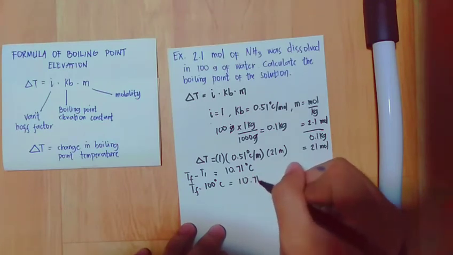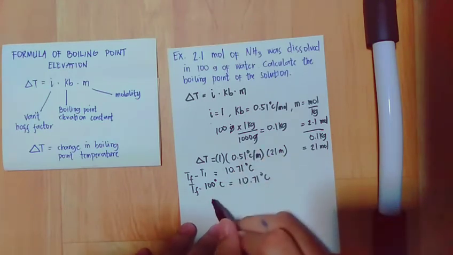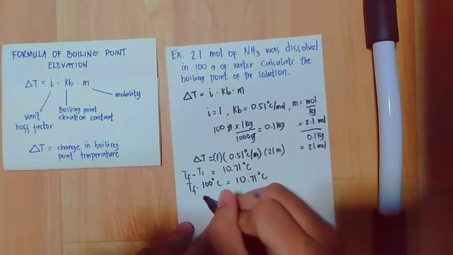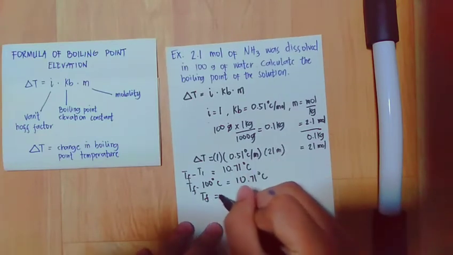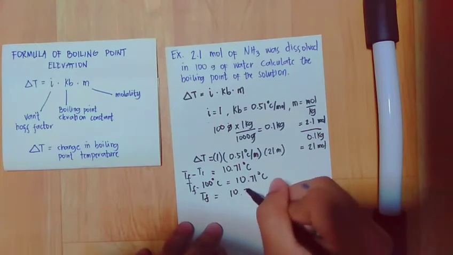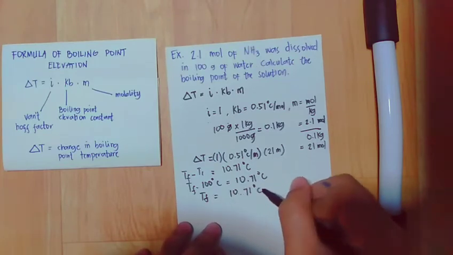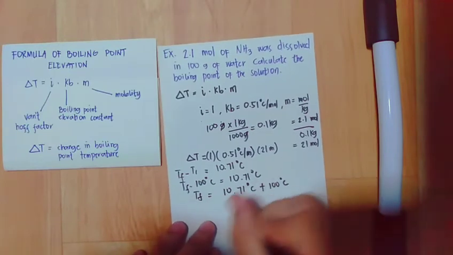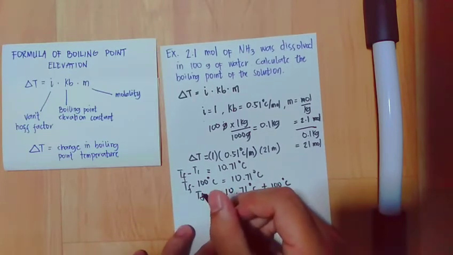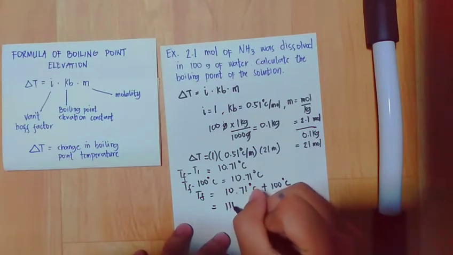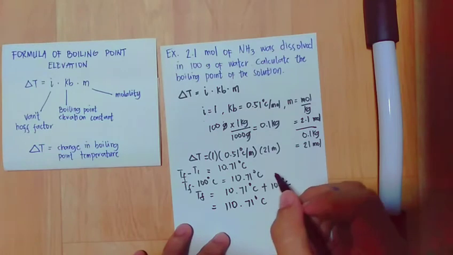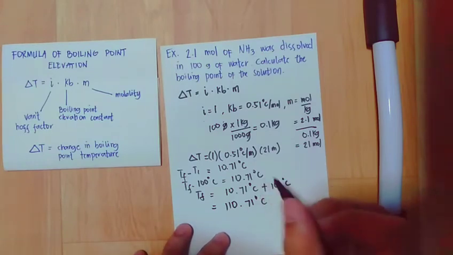So we're going to transpose this 100 degrees Celsius to this side, so that is 10.71 Celsius plus 100. So the final answer is 110.71 degrees Celsius. So this is the boiling point of the solution.